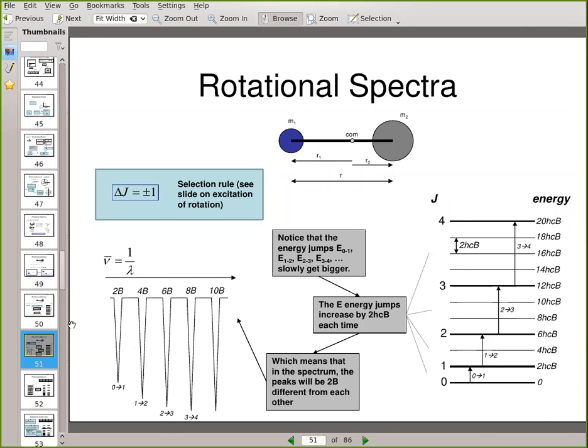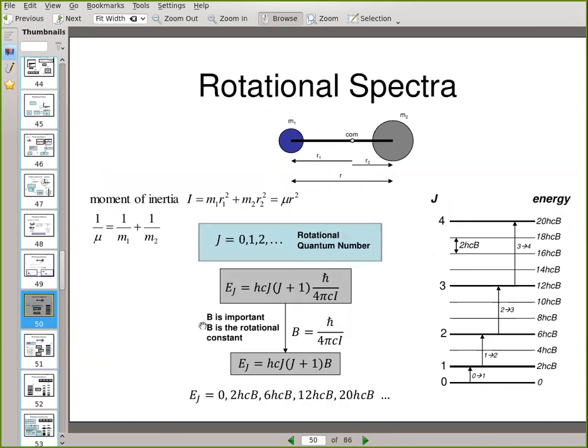So let's go back a couple of slides and have a look at what B is. If from the spectrum you can calculate what B is, just by dividing by 2, then what's the only thing you don't know in here? H bar is a constant, pi is a constant, C is a constant, I is the moment of inertia.